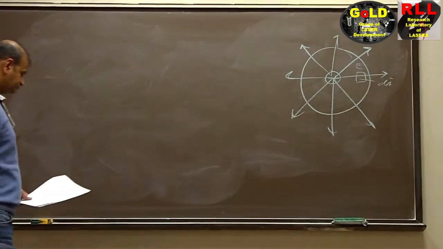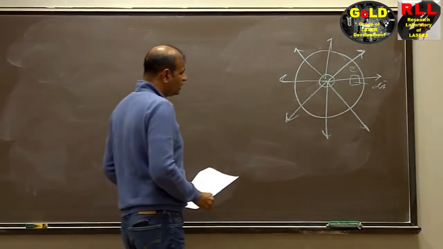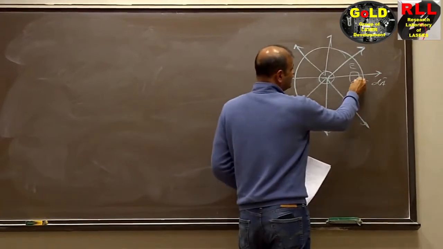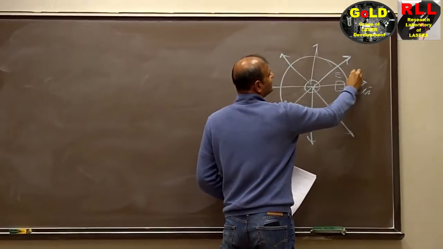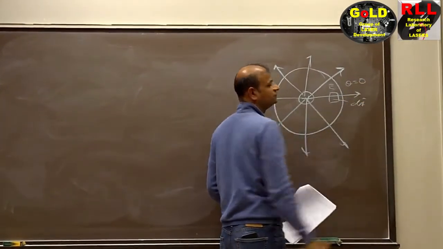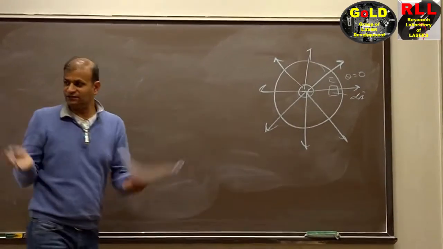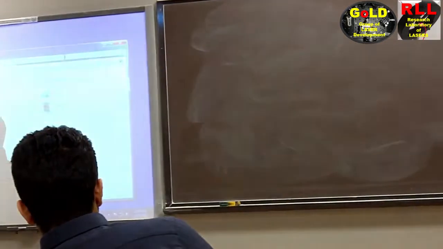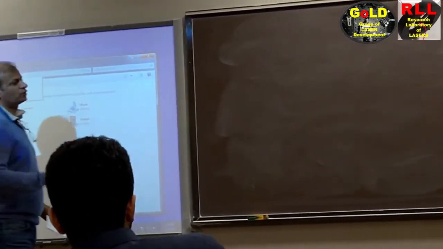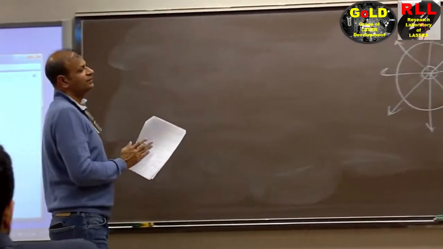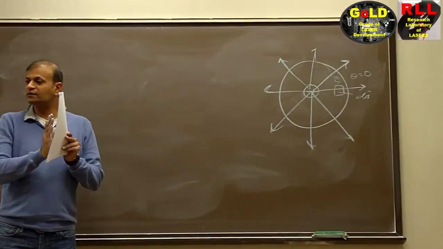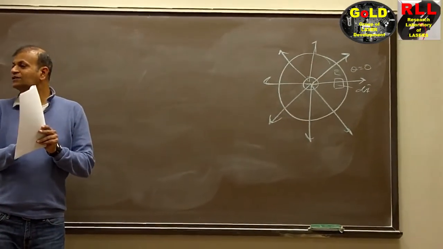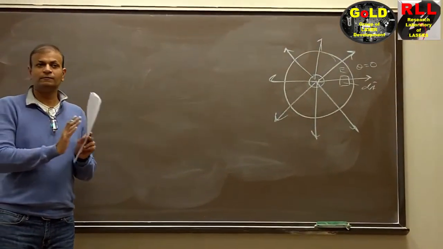Now, area and electric field, the angle between them is 0. From all the sides, if you take a football, from all the sides, the electric field, if you divide into small patches, the electric field and the normal to the area, they will be having 0 degrees between. Okay?